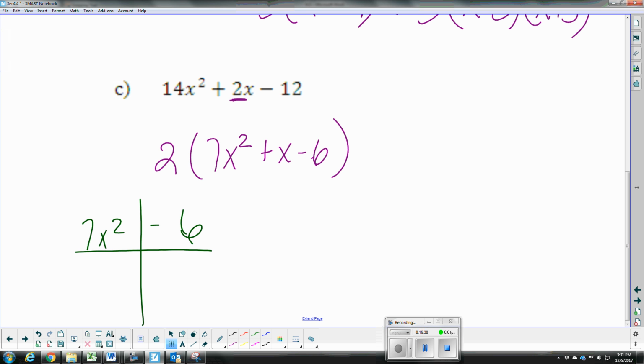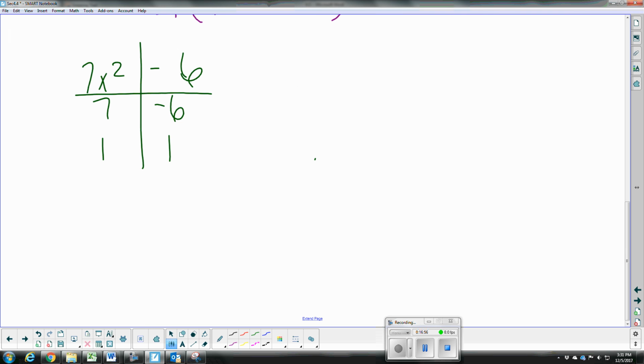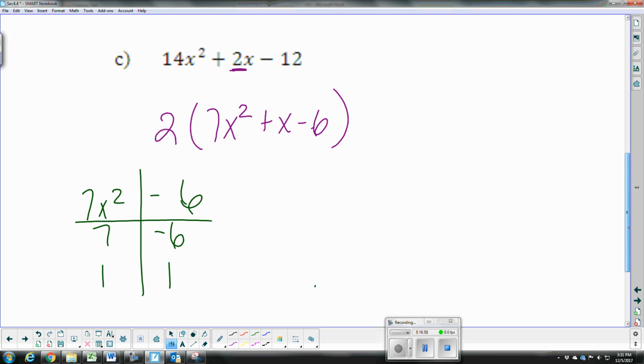Okay, so our factors of 7 are 7 and 1. Factors of 6 are, let's see, try negative 6 first. Negative 6 and 1. Alright, so let's first make sure that these work.